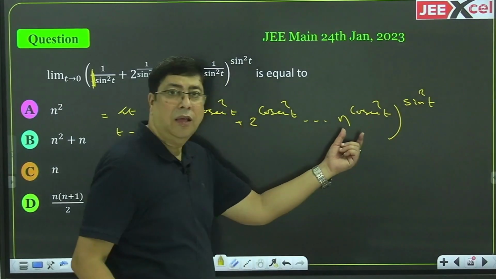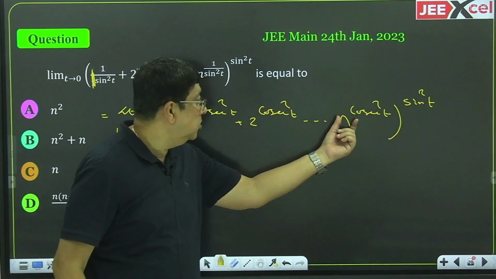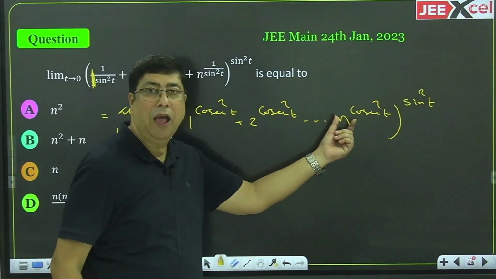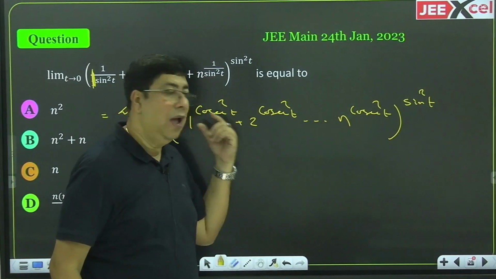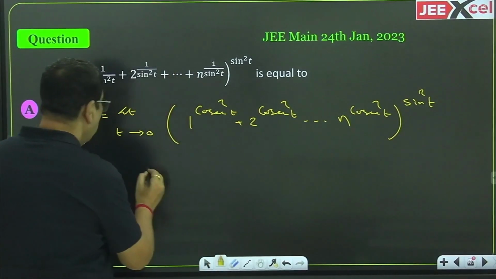In this type of cases you have to do, तुमको ये जो biggest part है, you have to take it out, and this is coming out as n outside. So we are getting what?